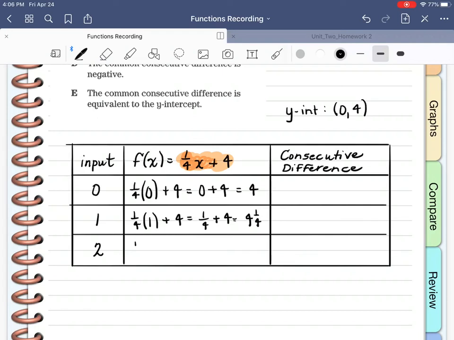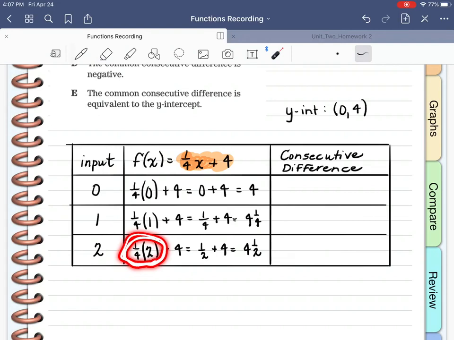And then I want to take 1/4 of 2 and add that to 4. 1/4 of 2 is a half. And if you add that to 4, you get 4 1/2. Again, this step is multiplying. 1/4 times 2. So now I'm ready to look at these outputs to see what my consecutive difference is going to be.